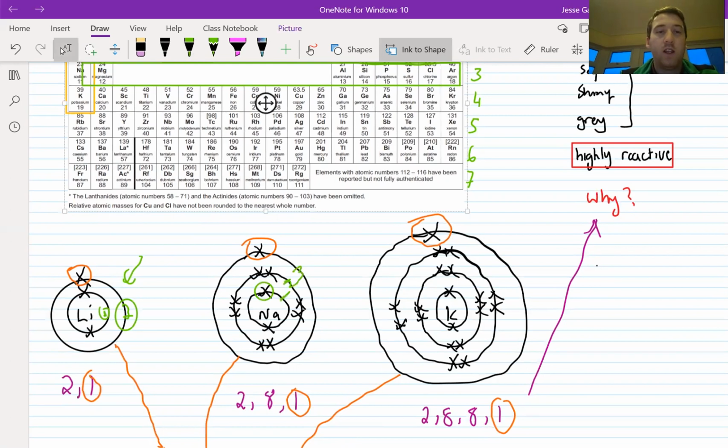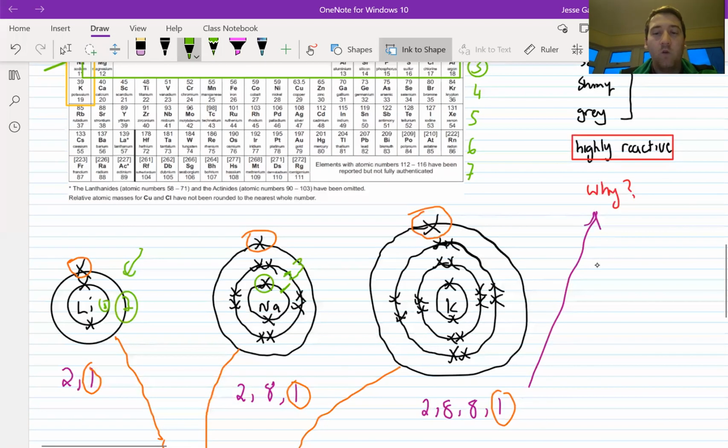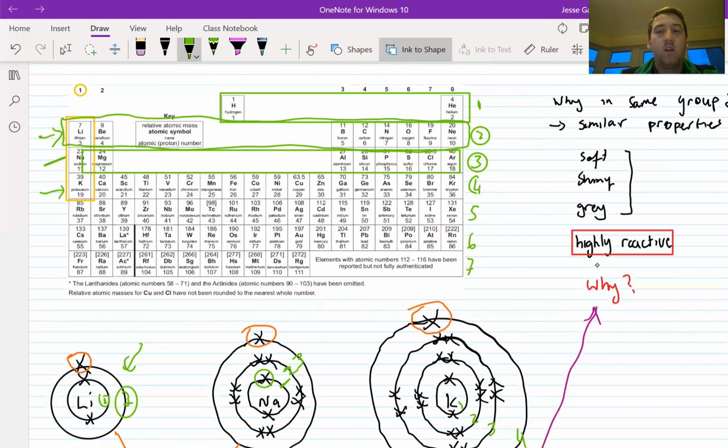That tells me that sodium should be in period 3. Here is sodium, and here it is in period 3. So you can see the pattern. Potassium has 1, 2, 3, 4 shells of electrons, and here is potassium in period 4. So it's the period number that tells you how many shells of electrons they have.